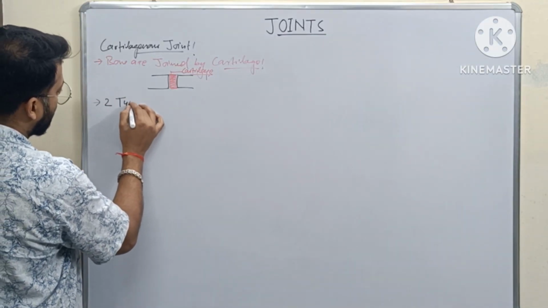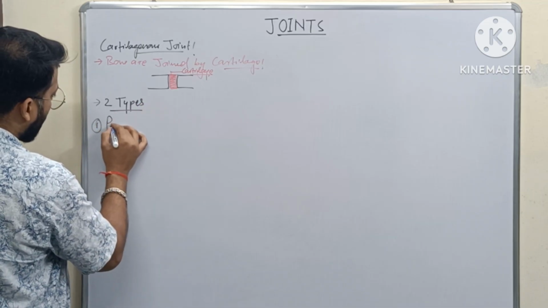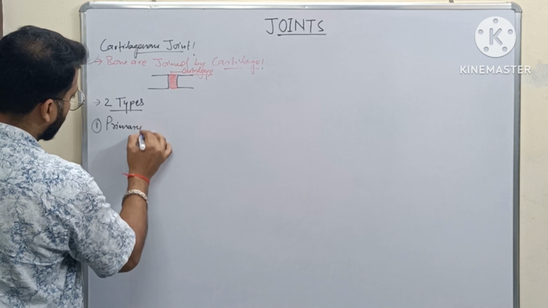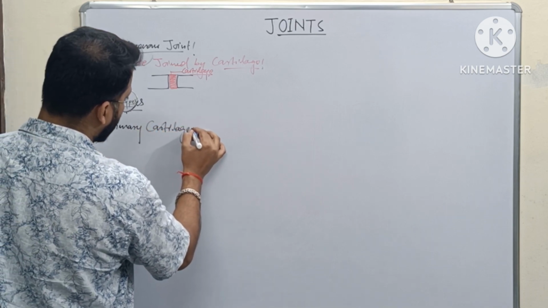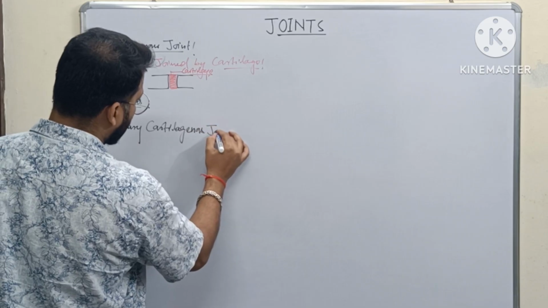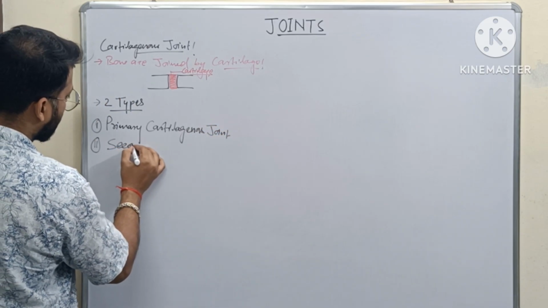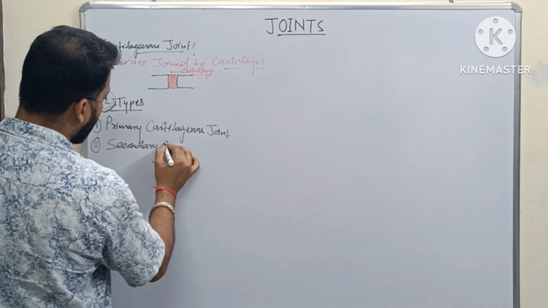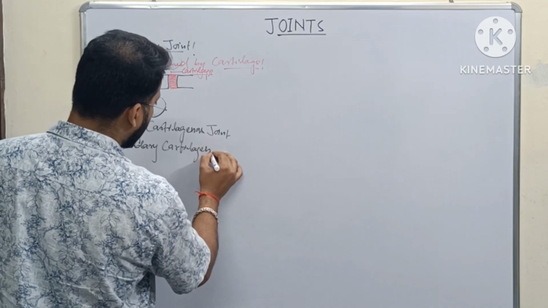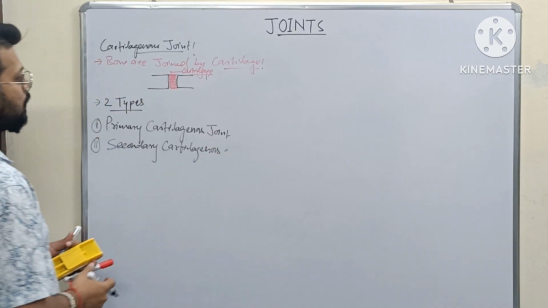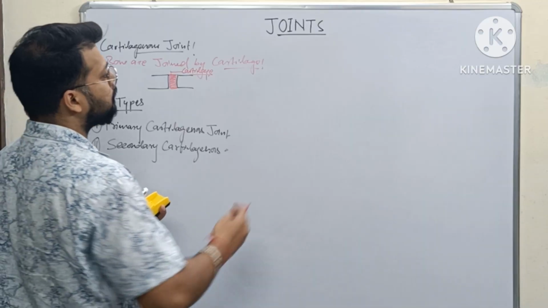First is primary cartilaginous joint, and the second is secondary cartilaginous joint. Okay. Now let us talk about primary cartilaginous joint.